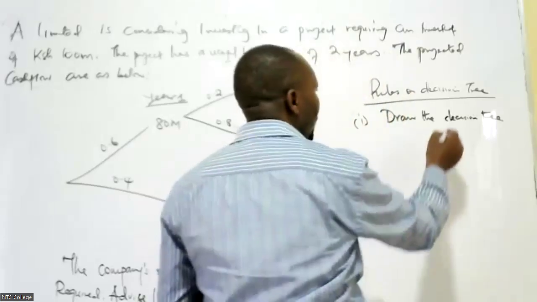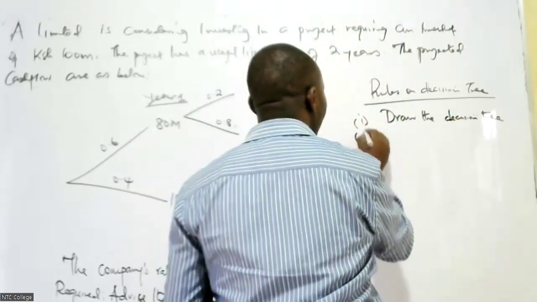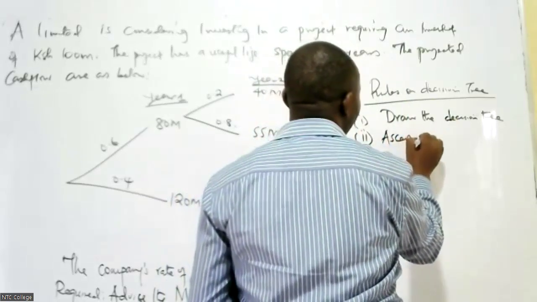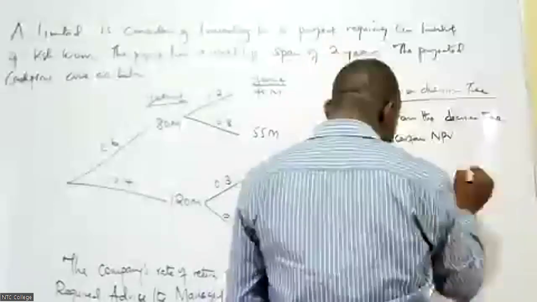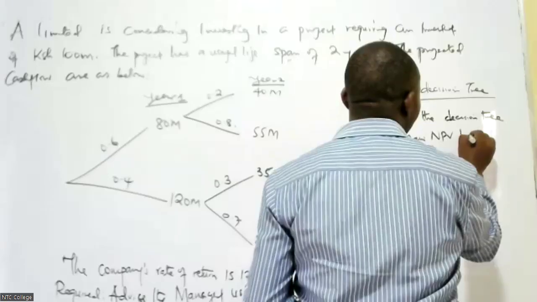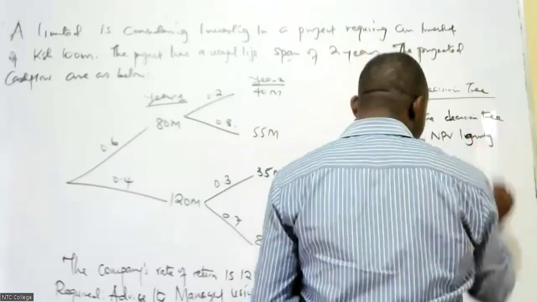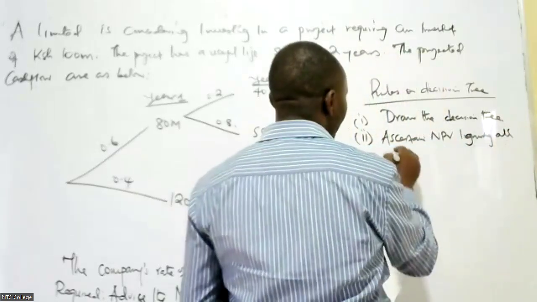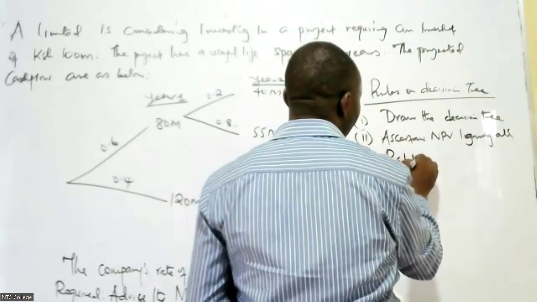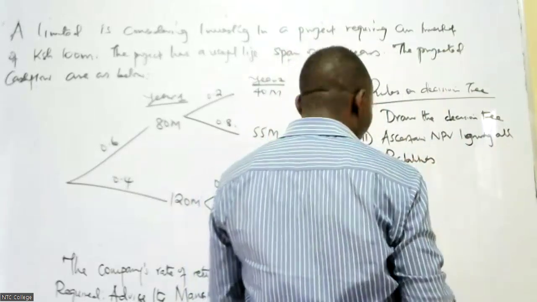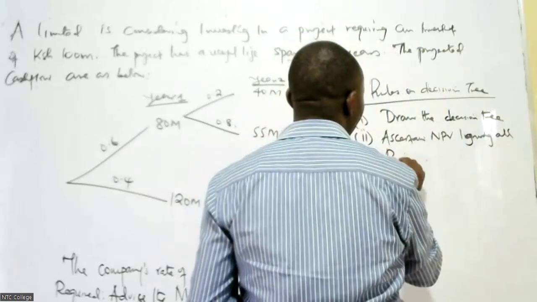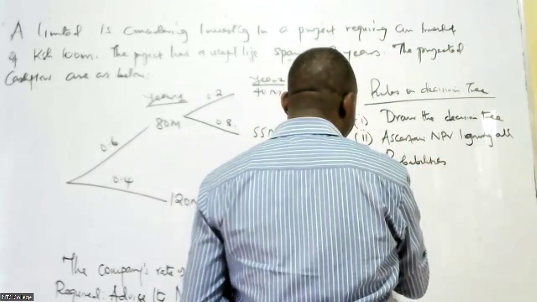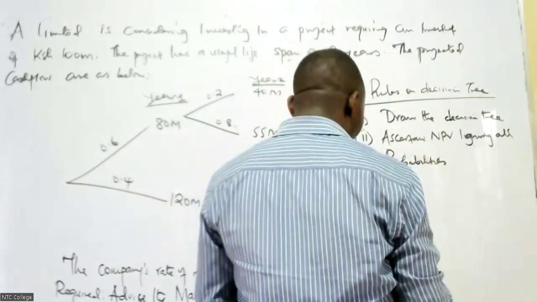So the first rule is draw the decision tree. Number 2, ascertain NPV, ignoring all possibilities or probabilities. Number 3, ascertain joint probability.